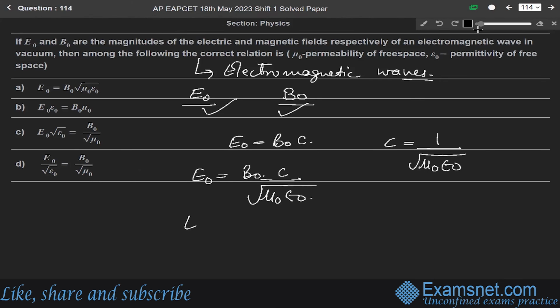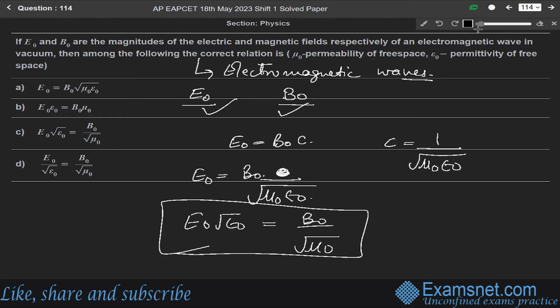So this E naught into epsilon naught will be equal to B naught over under root of mu naught. So from this, we say that option C is the correct answer.